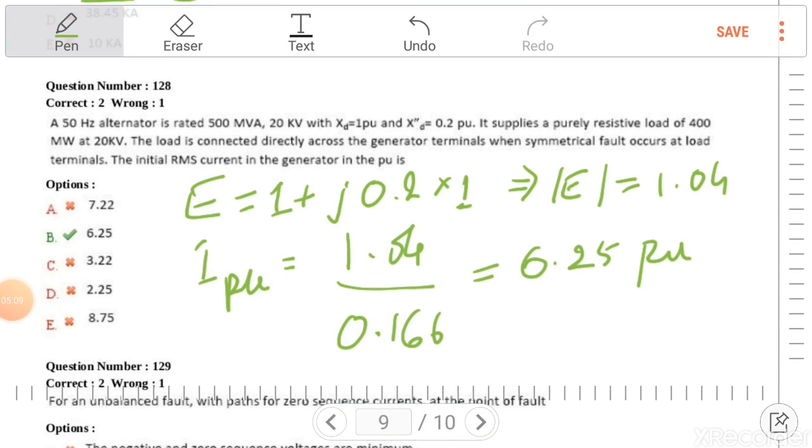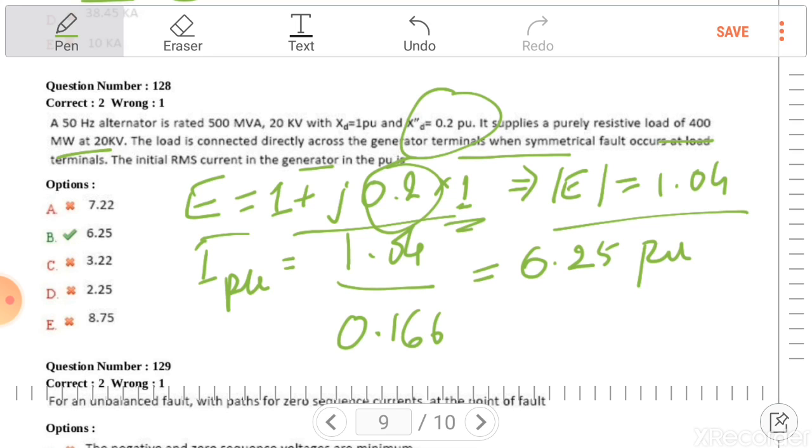A 50 Hz alternator rated at 500 MVA 20 kV with the two reactances X'' and X' supplies a purely resistive load of 400 megawatt at 20 kV. The load is connected directly across the generator terminal when a symmetrical fault occurs at the load terminals. The initial RMS current will be: EMF will equal 1 plus j0.2 multiplied by 1. 0.2 is the subtransient reactance because we have to find the symmetrical current, and 1 is the per unit current. So the magnitude of EMF is equal to 1.04.